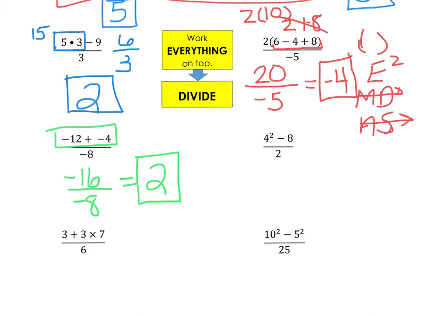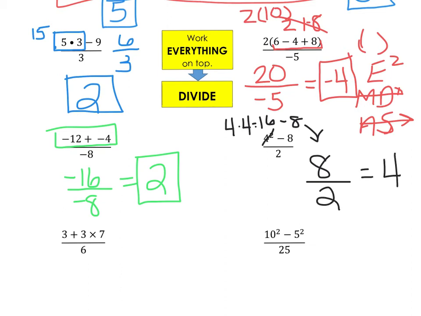Remember, we're going to take care of our exponents first. So 4 times 4 would be 16. 16 take away 8 would be 8. And then we'd put 8 over 2. So 8 divided by 2 would be 4.